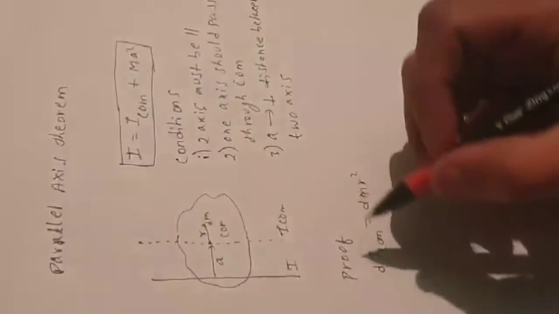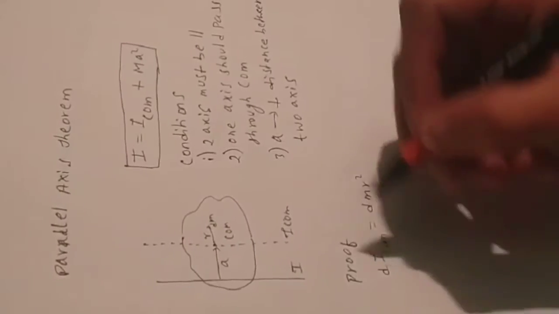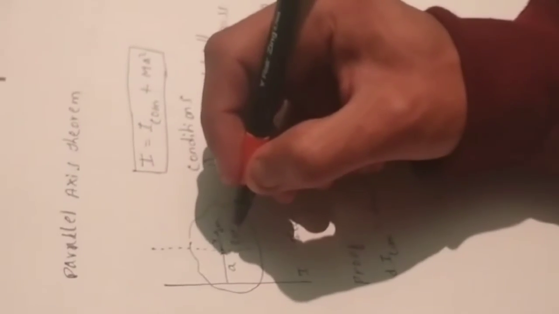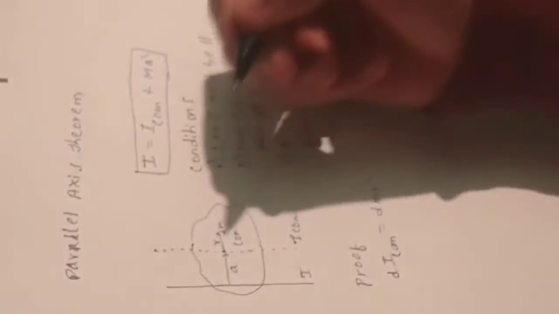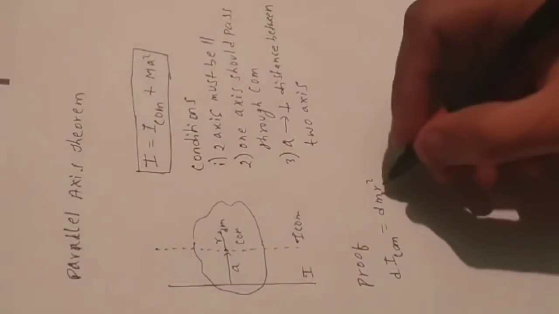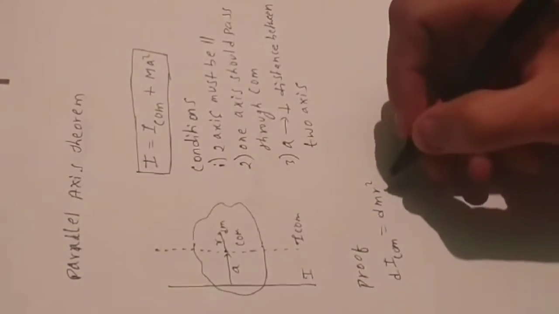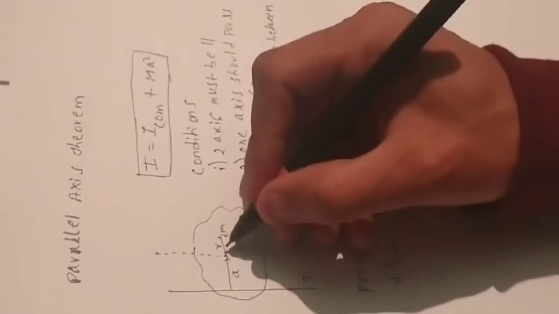So the moment of inertia of this point is dm r square. So r square is the radius, not radius but the length.